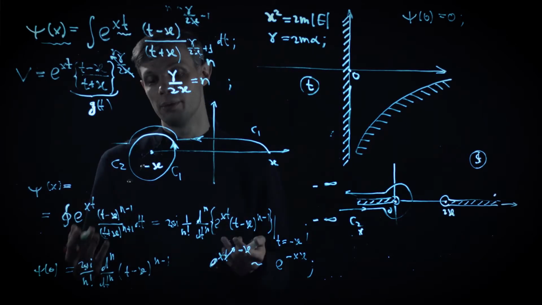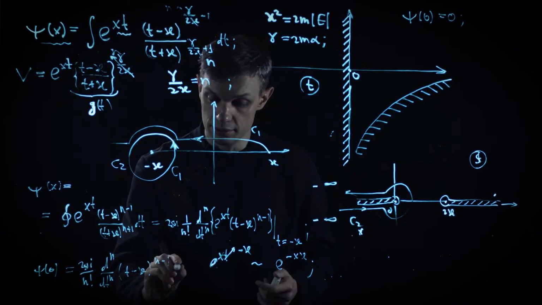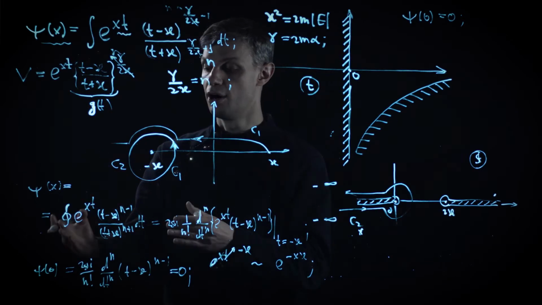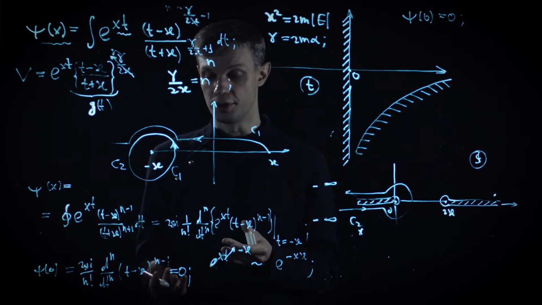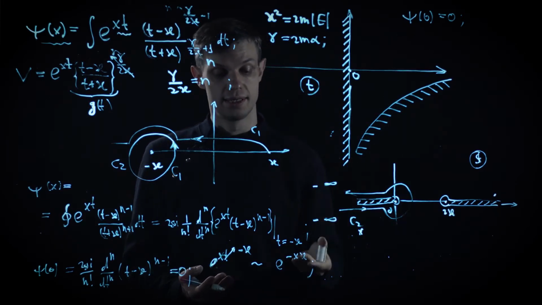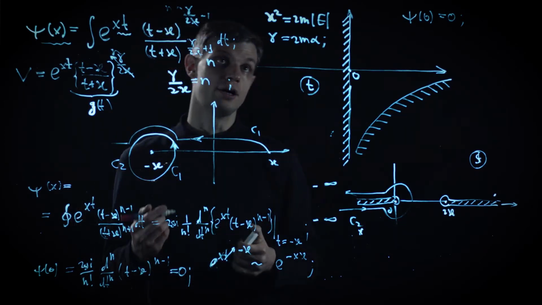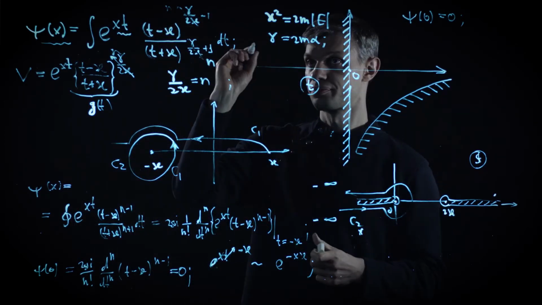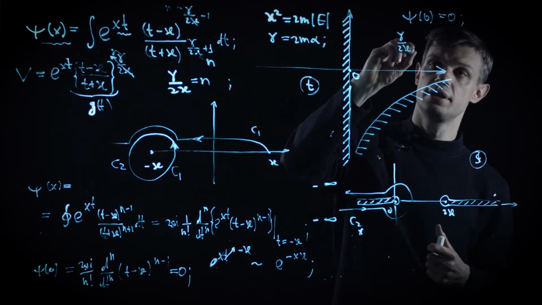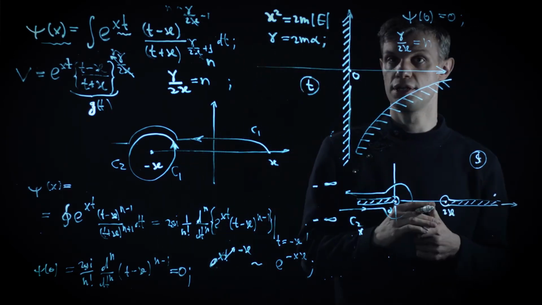But if we differentiate the polynomial of n-1's order n times, we get identical 0. So this is the desired result. Our function satisfies both boundary conditions. It vanishes at the origin, and it decays exponentially at x tending to plus infinity. And it all happens only in case when the corresponding factor gamma over 2 kappa is equal to some positive integer, and hence the quantization of energy levels.